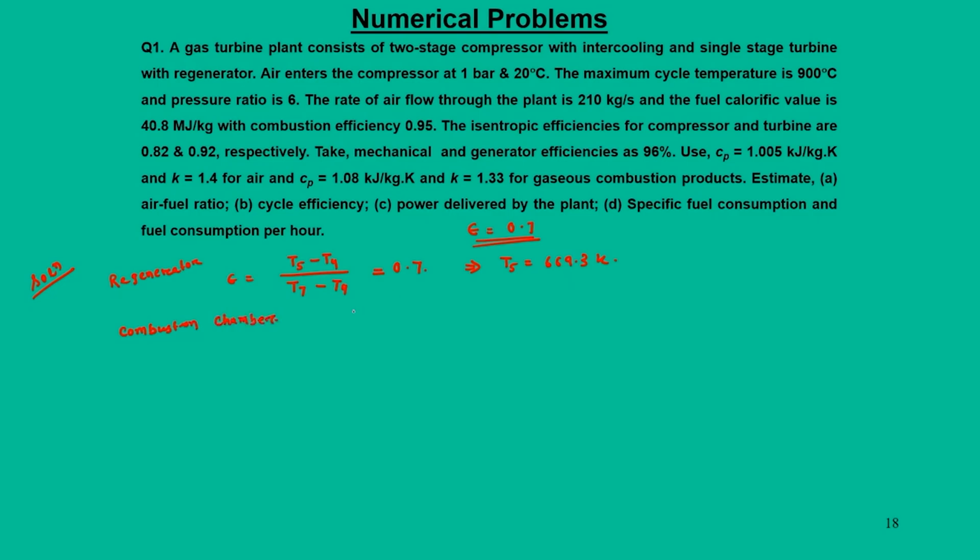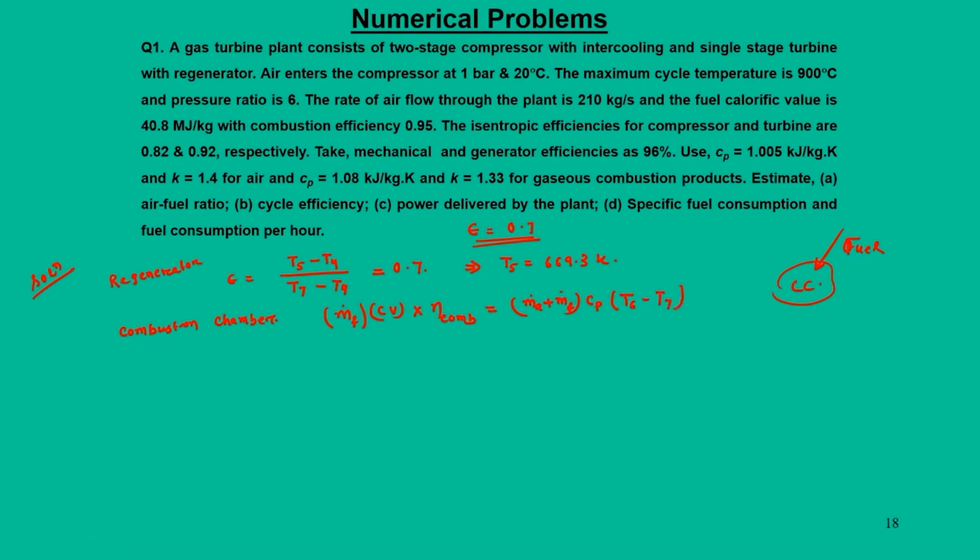In the combustion chamber we write this expression: fuel enters and we get this heat. That is m dot f into calorific value of the fuel into combustion efficiency, that is the heat input that comes from the fuel, and how it is utilized: m dot A plus m dot F goes out, into Cp into T6 minus T7.